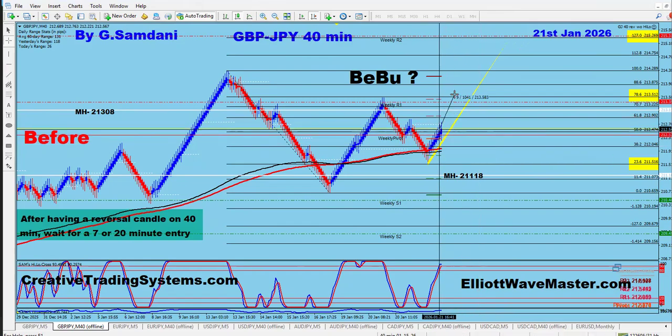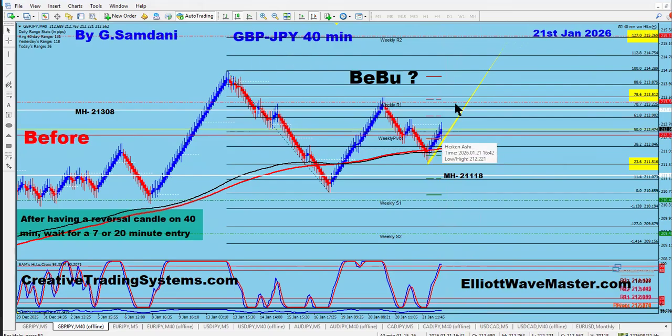Okay, so 100 pips would be somewhere from here to this high. That's it for today's move and today's trade for Pound Yen. I'll be happy if it goes from here to here. The next day it will break above it, come back, test, then go up, then break this one, then go up, maybe next week we will be there.